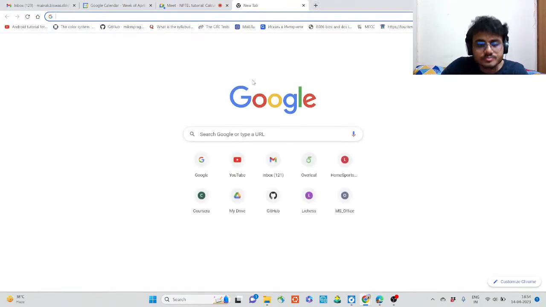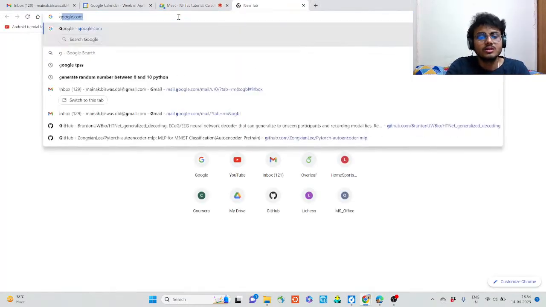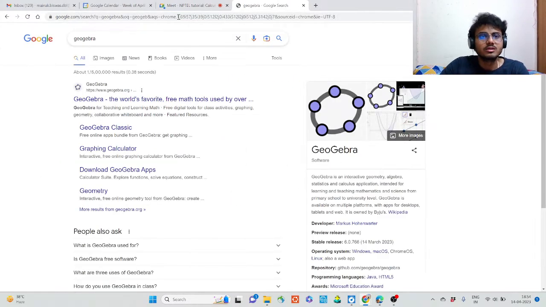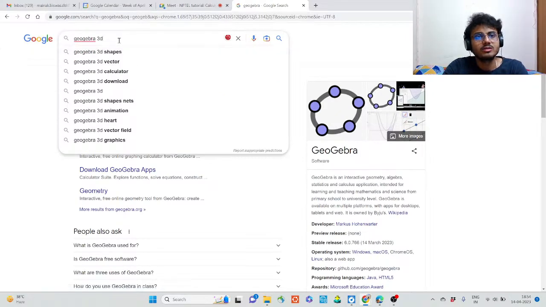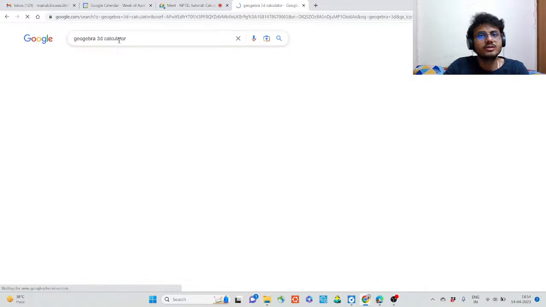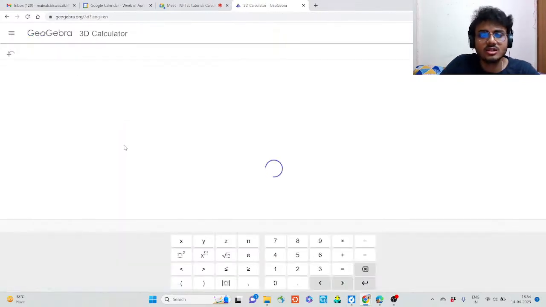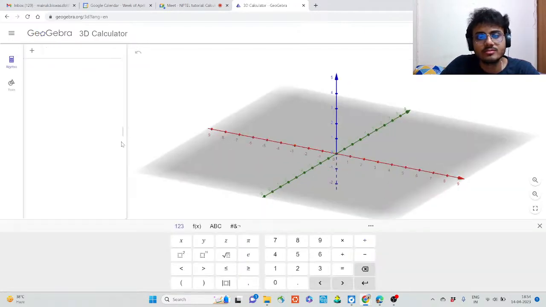GeoGebra 3D calculator. So are you able to see my screen? Because I can't see you while I'm sharing this. Now, can you confirm?